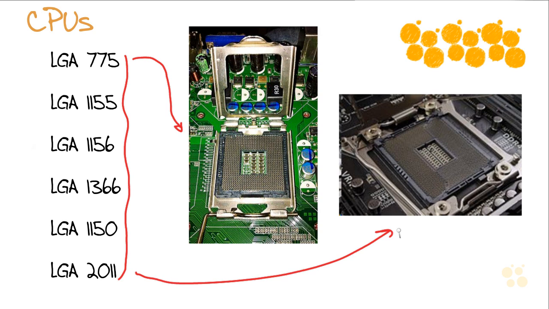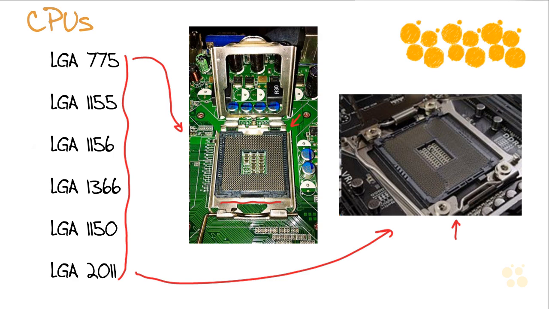The LGA 775 represents the number of pins that are in that socket. So we have 775 of them right here. We could almost count that, I suppose. And then it would be very difficult for you to count the 2011 pins that we have with the socket shown on the right.